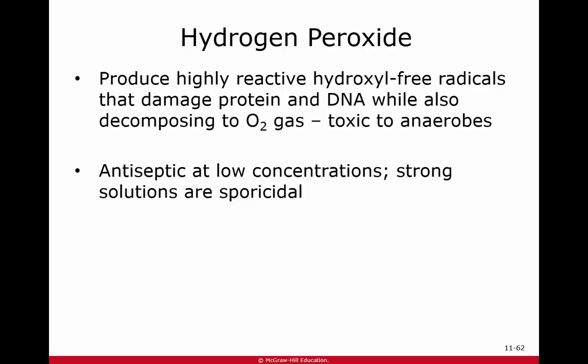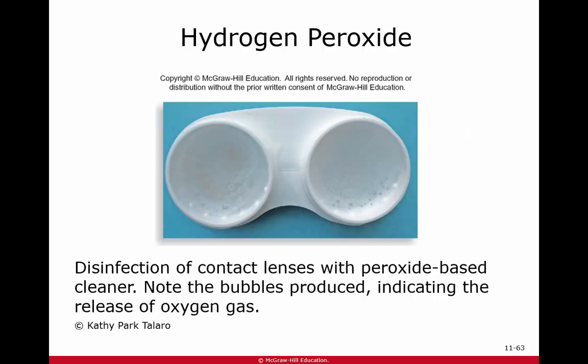And if you remember from previous topics, I think it was chapter 7, most microbes cannot handle oxygen environments. So oxygen is toxic to them, and so hydrogen peroxide is by far one of my favorite chemical controls.